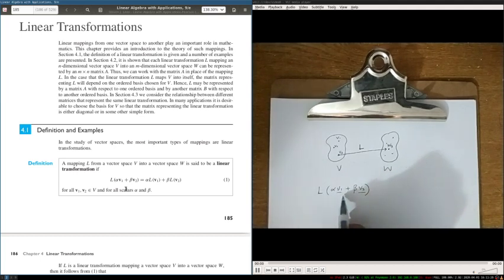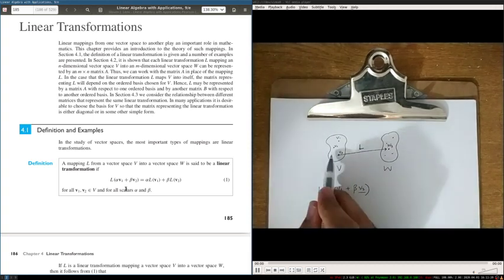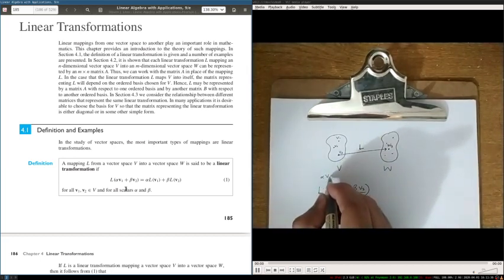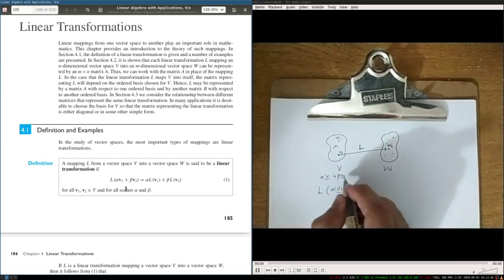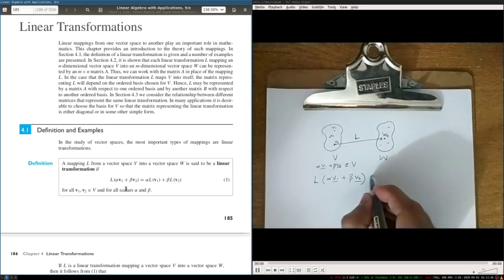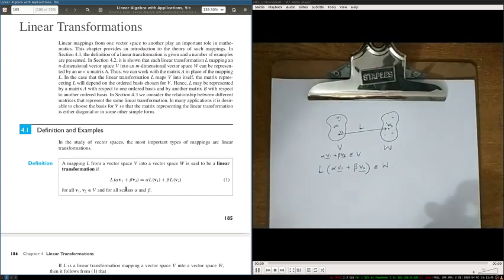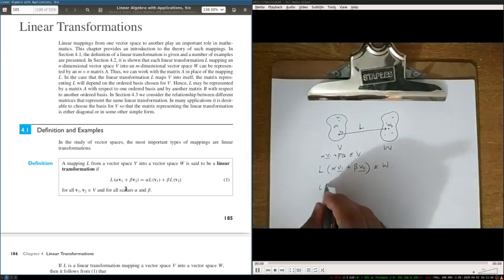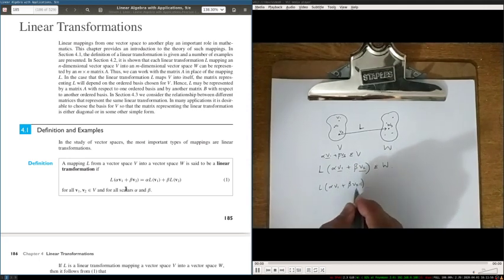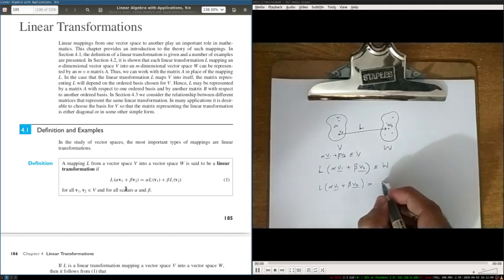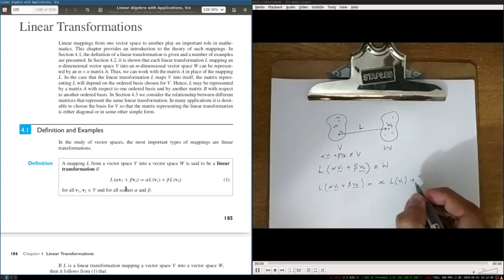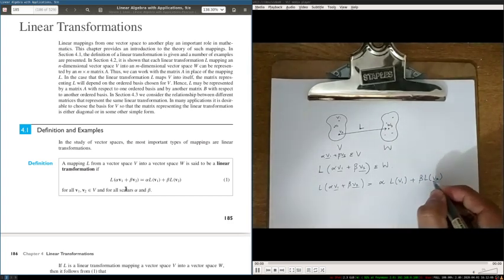So now the input is a linear combination in vector space V, and the output L of this whole thing, alpha V1 plus beta V2, this was in V, but now this output is in W. And I will call this a linear transformation if and only if this output is equal to another linear combination with the same coefficients, alpha L(V1) plus beta L(V2).